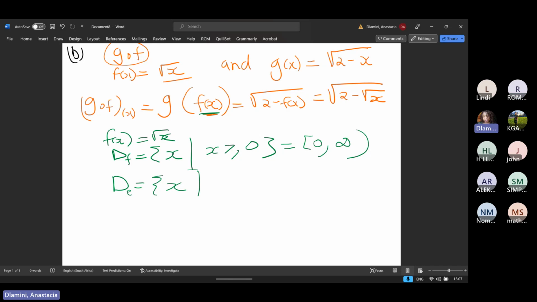But someone else might not understand it. Ma'am, won't you start with x is greater or equals to 0? Why only starting with x is greater or equals to 0? Because that's the domain of f. Yes, we are done with that one. Then we go to the domain of the expression of that.